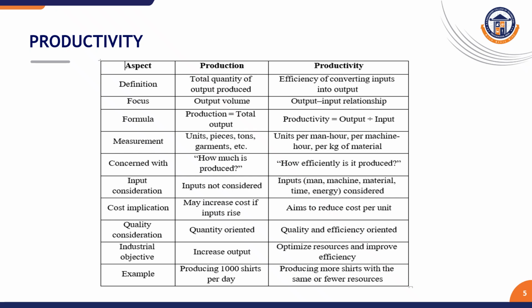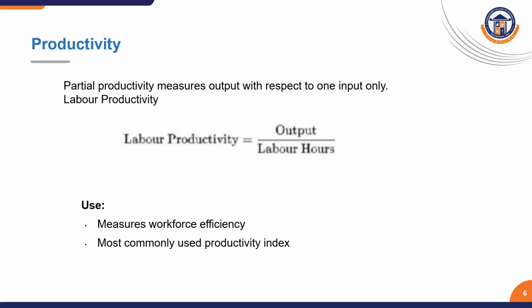Take the example of producing 1,000 shirts per day: produce more shirts with the same or fewer resources. For the same amount invested, I get 100 shirts more, which is a big deal. That itself reduces the cost per shirt by 8%. That 8% directly goes to your profit, extra profit. This is what it means.